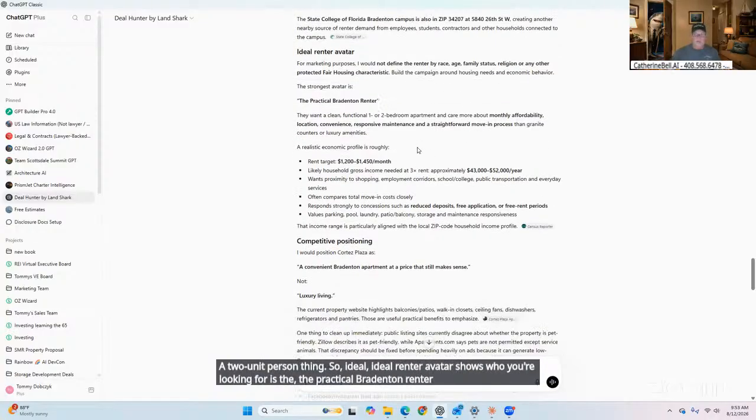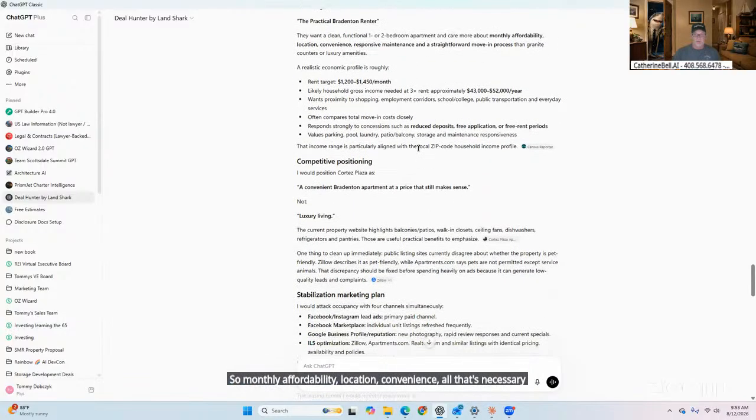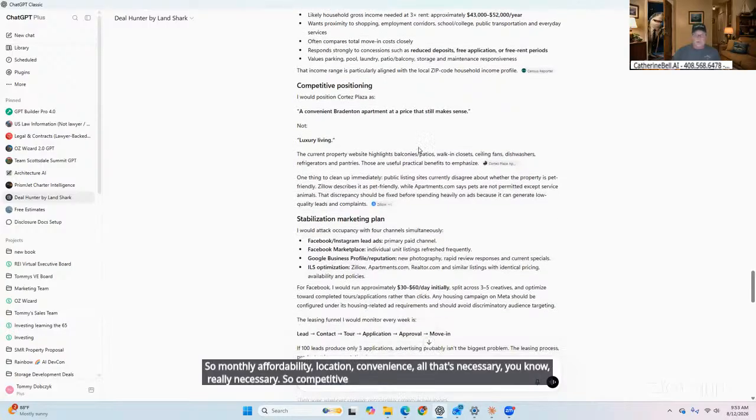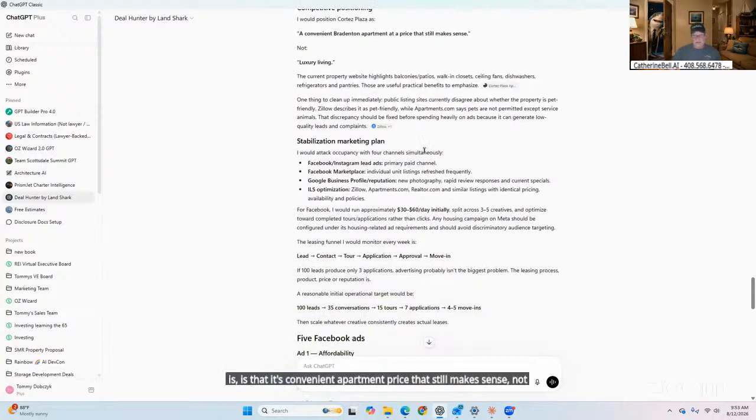Monthly affordability, location, convenience, all that's really necessary. Competitive positioning is a convenient apartment price that still makes sense, not luxury living.